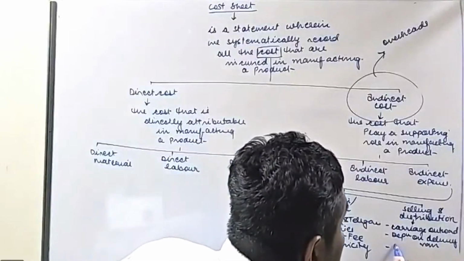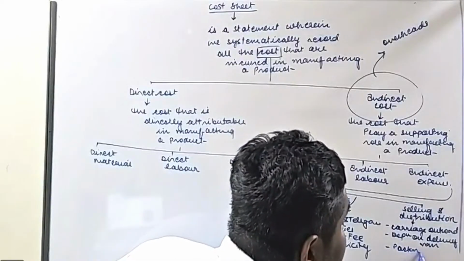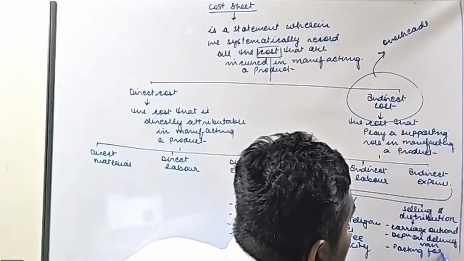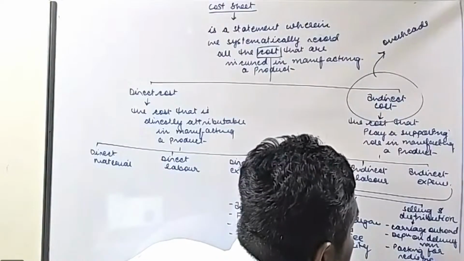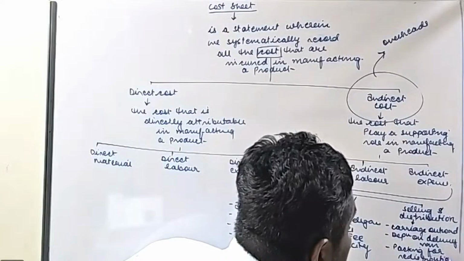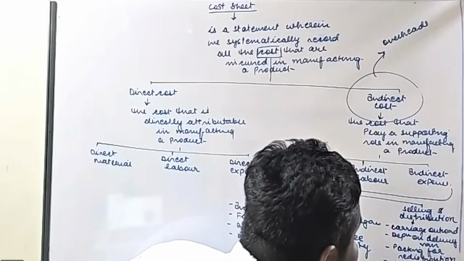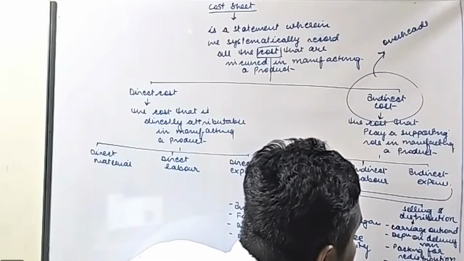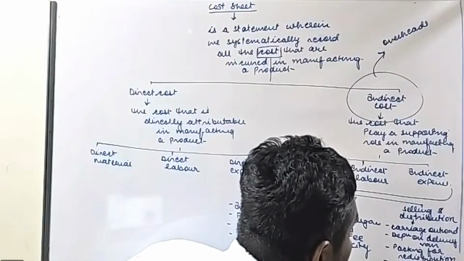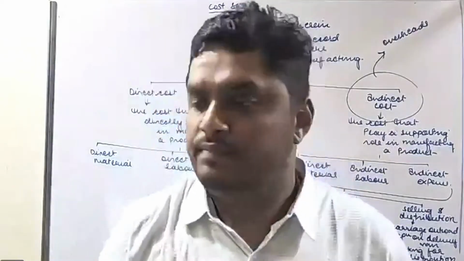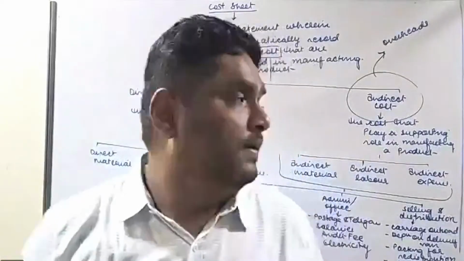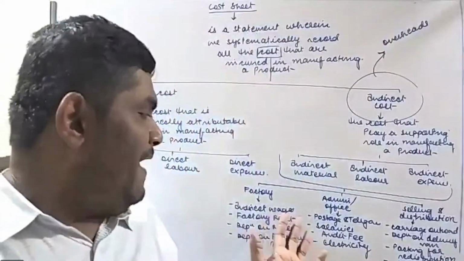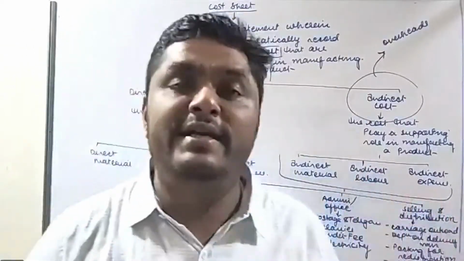Again, packing cost for redistribution. Salesman salary or commission, etc. So these are the few examples of factory, admin and office, and selling and distribution overheads.